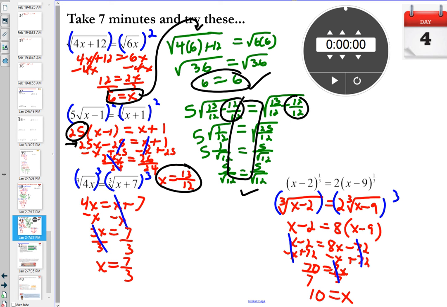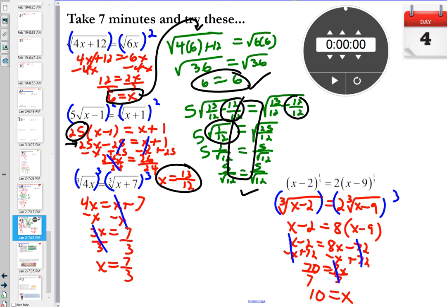So as I continue to simplify, I hit this little kerfuffle where, geez, what can I do with the square root of 1 over 12? Well, I know that square roots are distributable over division. What's the square root of 1? 1. So I did that, and I multiplied that 1 times the 5. So I got 5 over square root of 12. Is that in simplest form? No. I'm not supposed to have a radical on the bottom. But who cares?